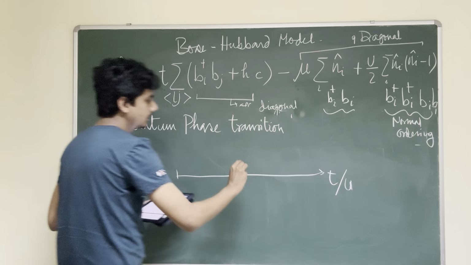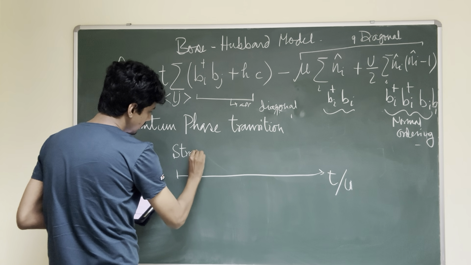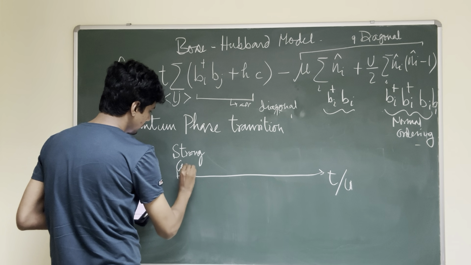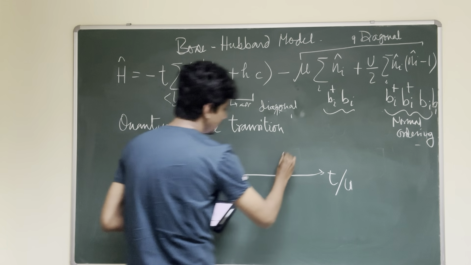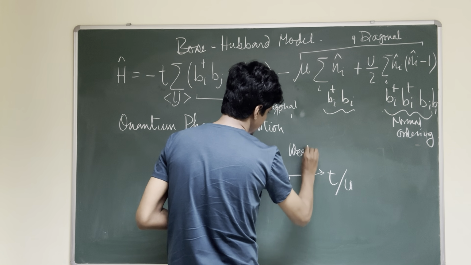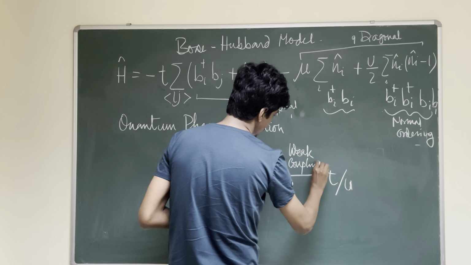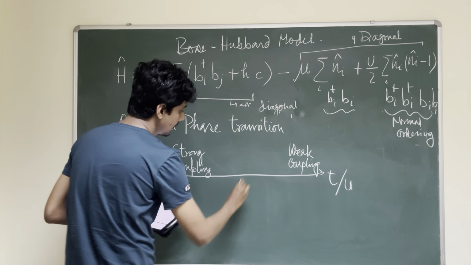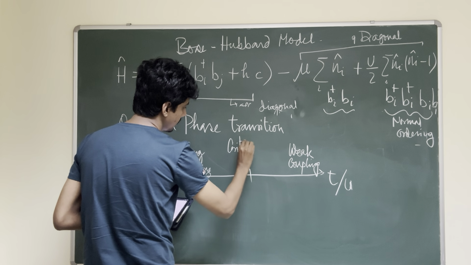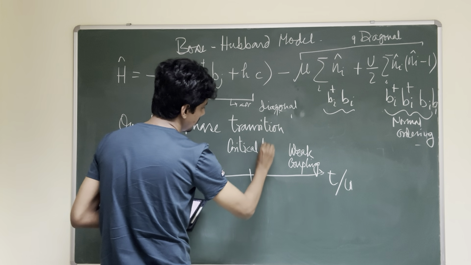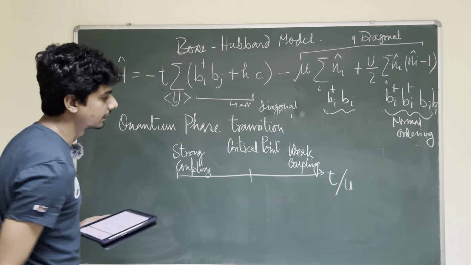There are two types of regime: the strong coupling regime and the weak coupling regime, and here maybe some critical point, or here we just analyze our critical theory.